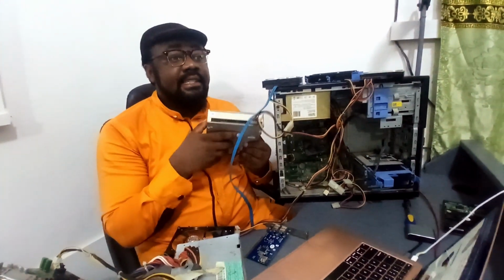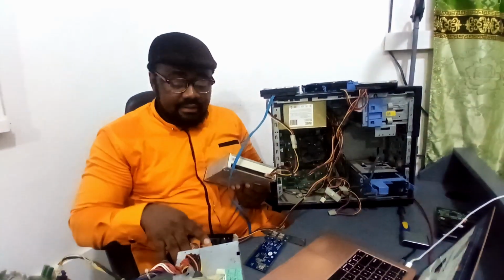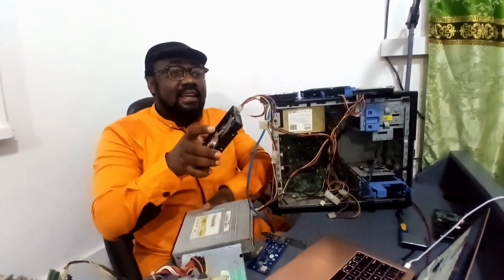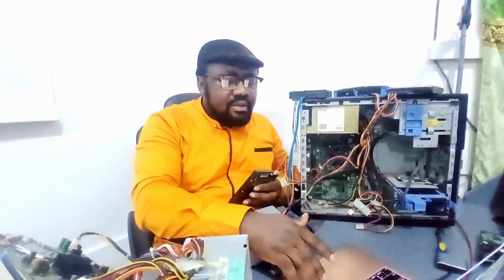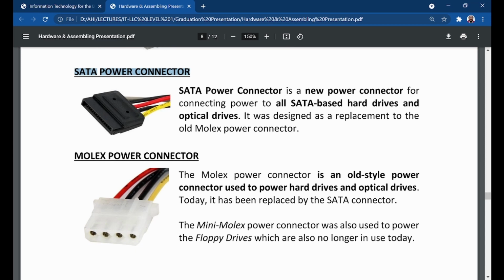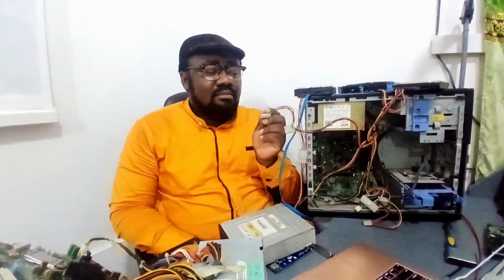This is the IDE or PATA optical drive. This is the IDE or PATA hard drive. But the name of the connector here is the next connector we are using here. The next connector here is called what? The Molex power connector. This is the Molex power connector, and the reason why we call it Molex is because it was designed by a company called Molex.